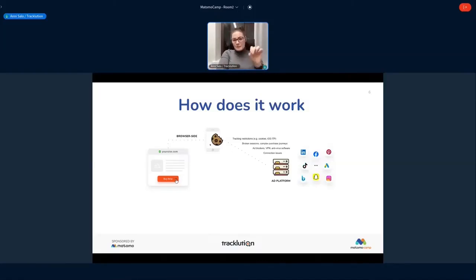The purpose of these pixels or browser side tags is to deliver information to the ad platforms. The idea of all these pixels is to deliver information to these ad platforms, because it's the ad platforms who are doing the magic of deciding who to show your ads to so that you can get any result out of them.